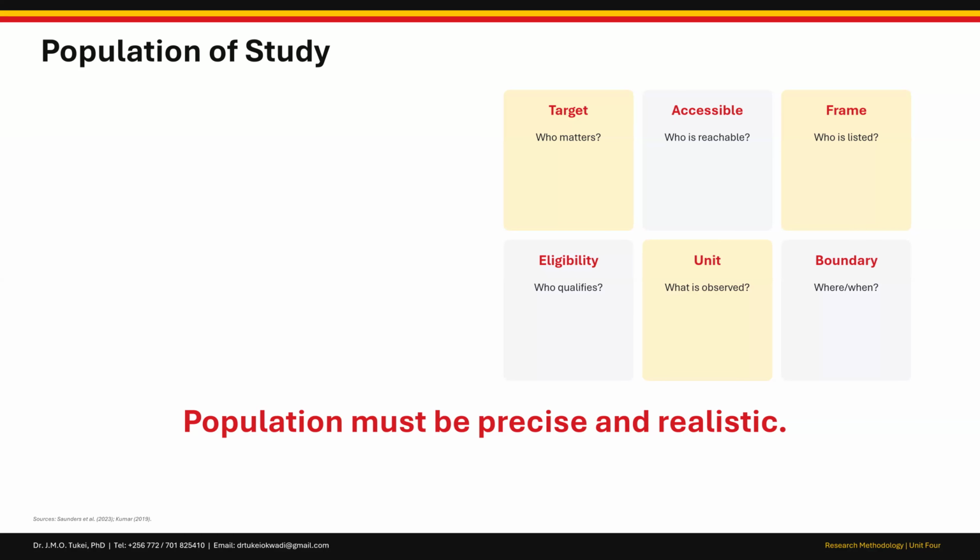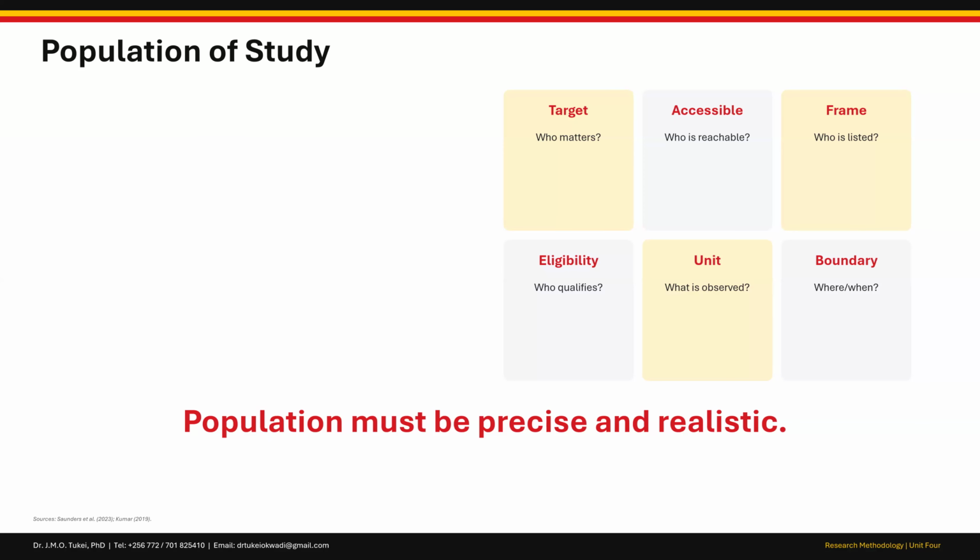Very important. Because now you could be studying how health workers do their work and perform, and you want to look at their performance. You cannot study all health facilities or all Health Center IVs in the country.